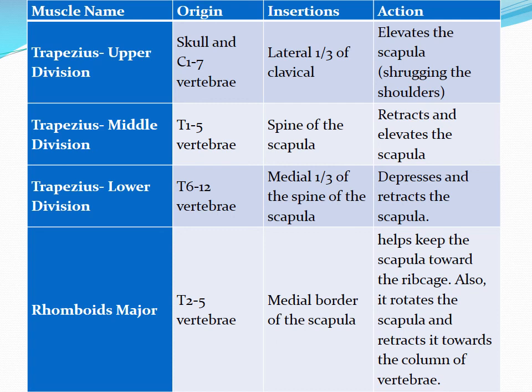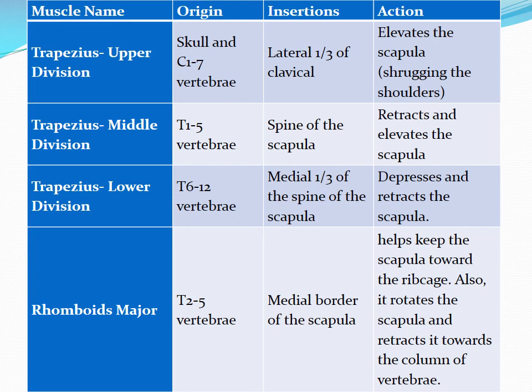So here we go, the trapezius. The upper division is going to attach at the skull and the cervical vertebrae. It inserts to the lateral third of the clavicle, and its action is elevating the scapula. The next group is the medial trapezius.